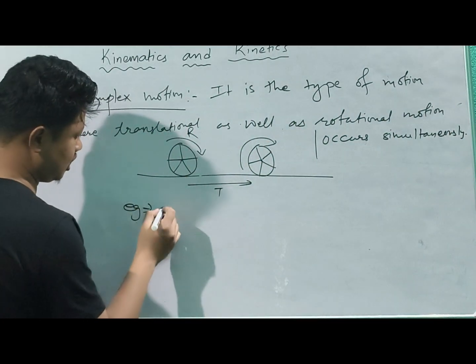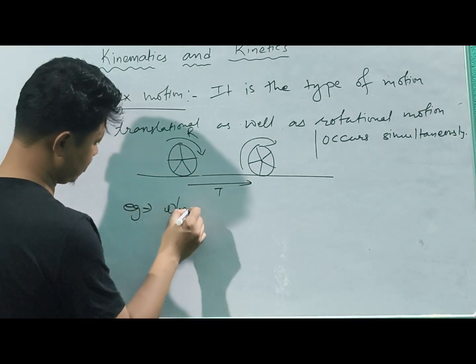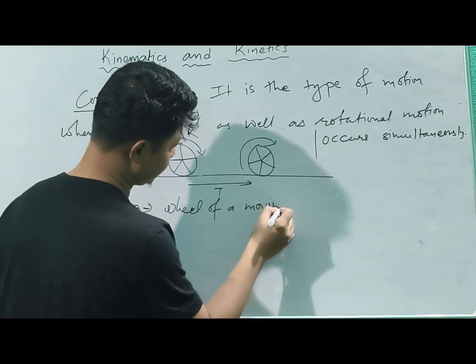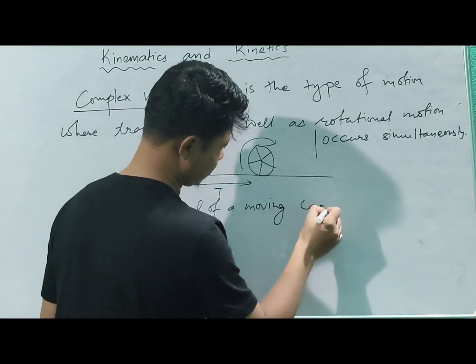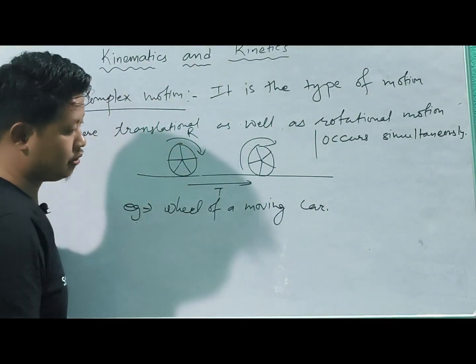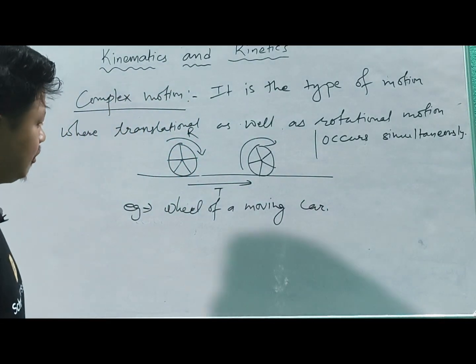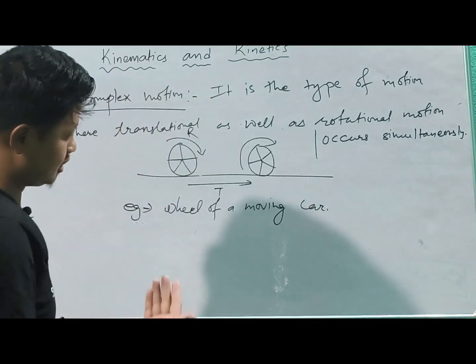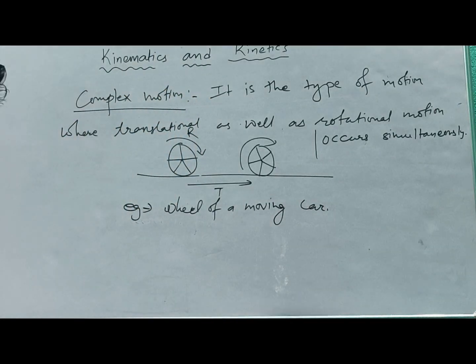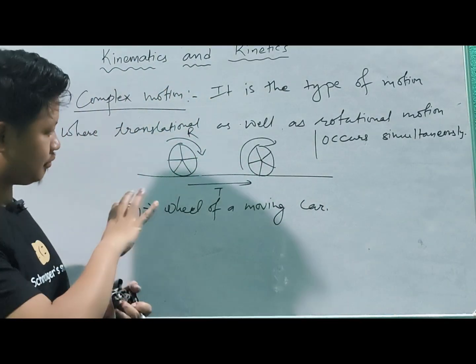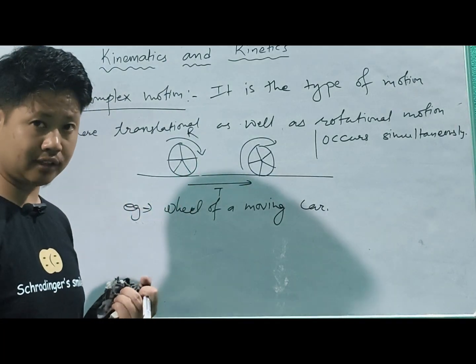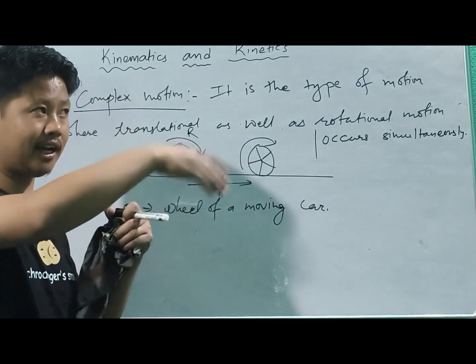Example, wheel of a moving car. Now you are confused, because we have written the same example with rotational motion. Yes, we can write it for both. Just imagine the wheel of the car is not rolling over the surface, we are just spinning that wheel.